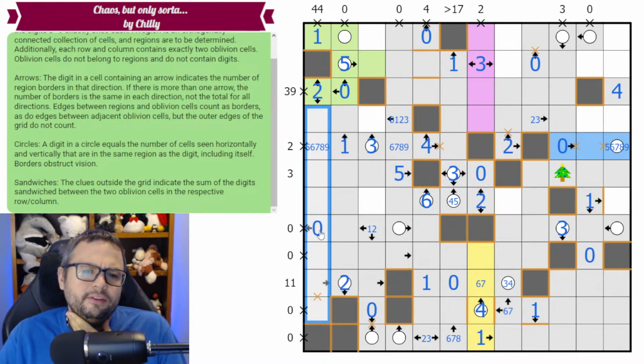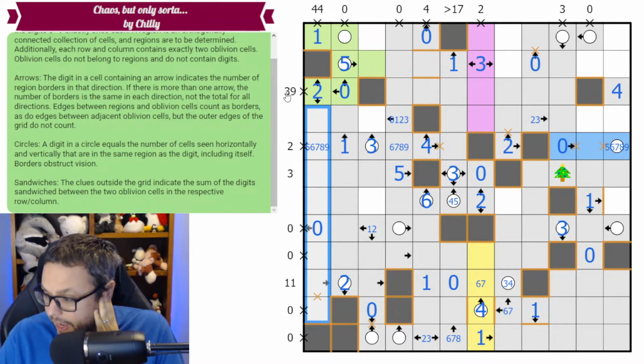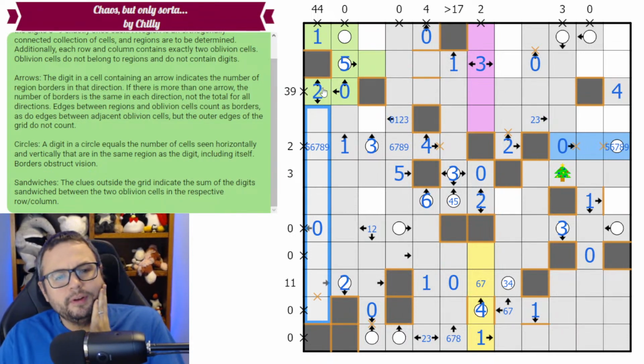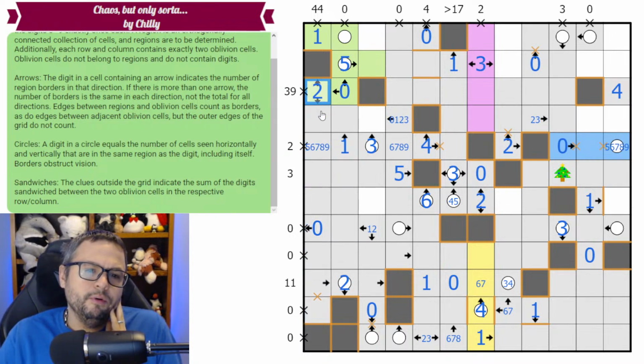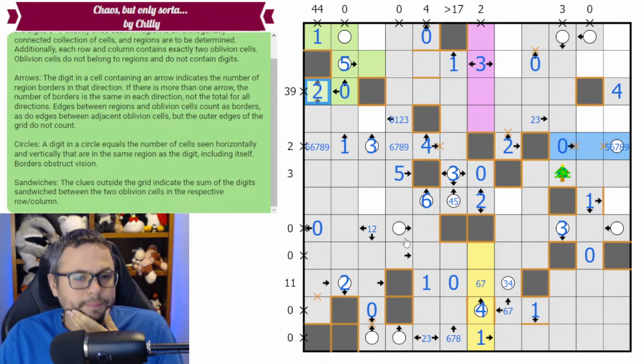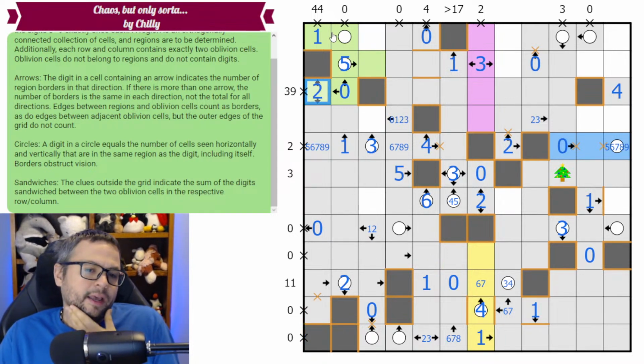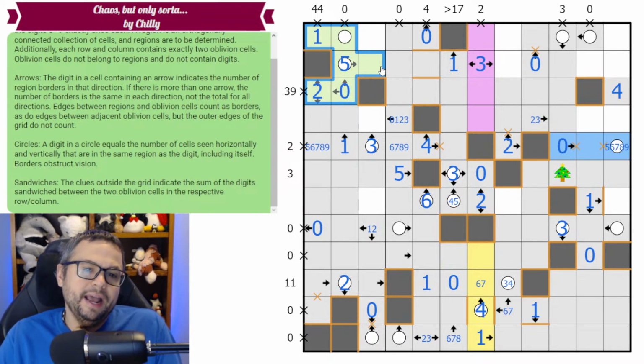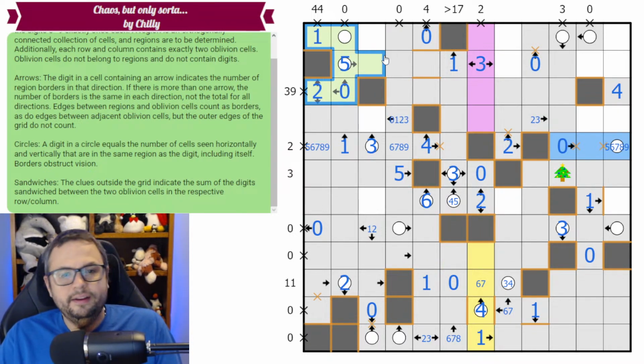Okay. So Selena's point, I understand. Sorry, I read Selena's point before, but I misunderstood what it was going to let us do. There's only 2 borders down here. One of them is this border, and the other is the border between green and something else. So green is currently already 6 cells in size, and we in fact know it has a 7th cell that is seen by this 5 clue.